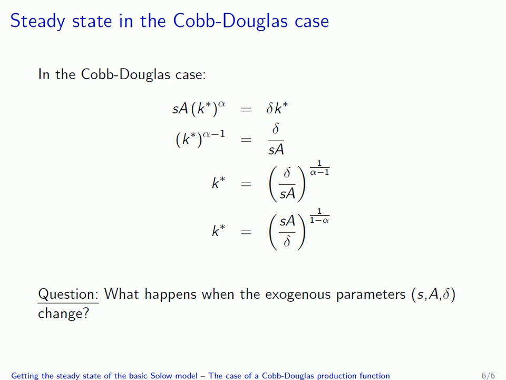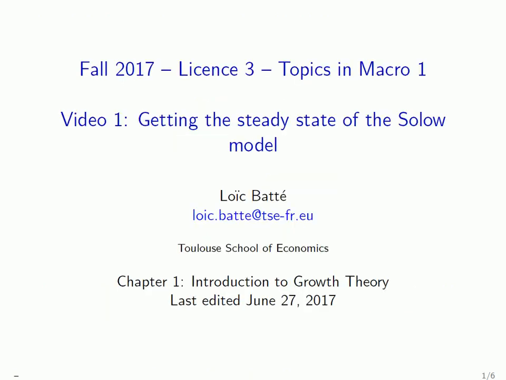Of course you can do this quite easily mathematically, to know what happens, for instance, when s increases. But then you could also ask yourselves what happens in terms of economics. Write a couple of sentences to explain what is happening to the economy if we raise the savings rate. Alright, so this is the end of the video.